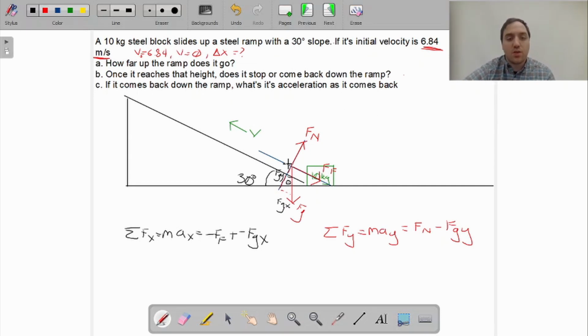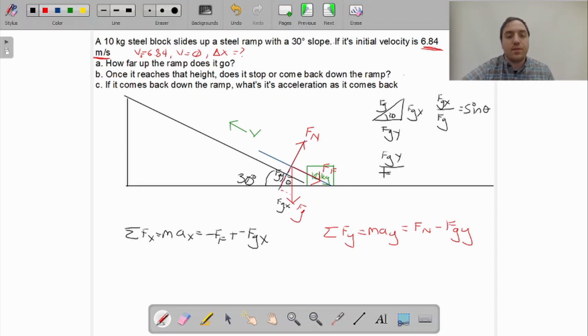So if I take this triangle and blow it up over here, F_gx is on the opposite side, F_gy is on the adjacent side, so F_gx over F_g equals sine theta in this case.